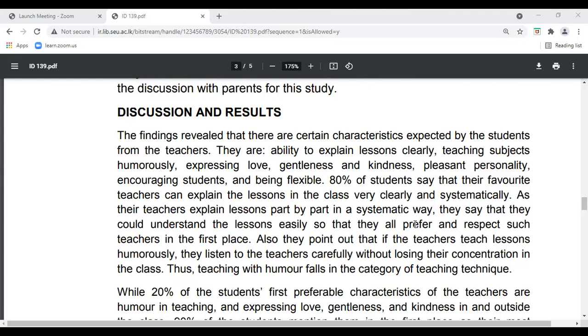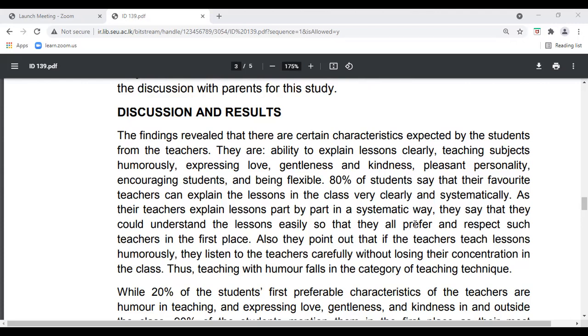As their teachers explain lessons part by part in a systematic way, they say they could understand the lessons easily, so they prefer and respect such teachers in the first place.